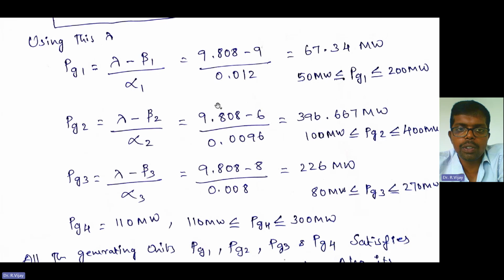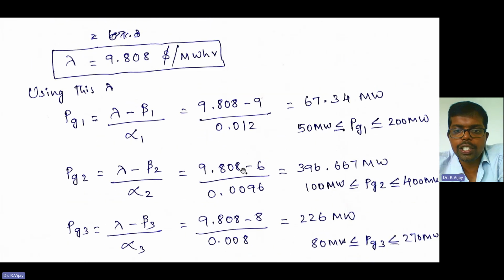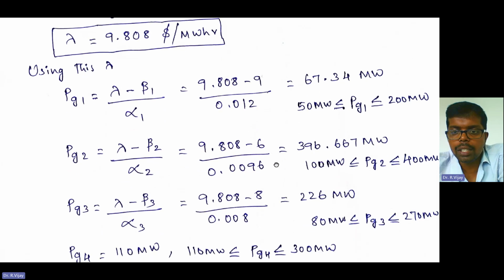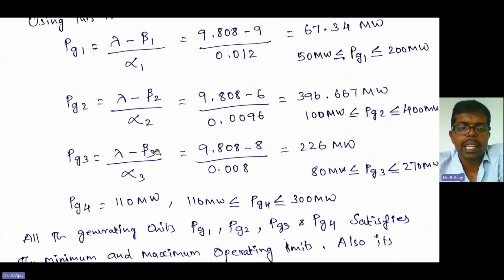We substitute lambda as already calculated, that is 9.808, minus beta 2, and alpha 2 values. After substituting, we are getting the answer as 396.667 megawatt. Similarly, PG3 is equal to lambda minus beta 3 divided by alpha 3. Just substituting the values for beta 3 and alpha 3, we are getting the answer as 226 megawatt.